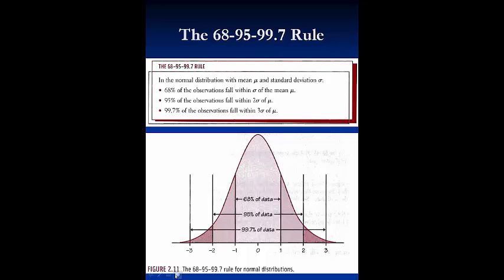So if we have something that is a normal distribution, we know that 68% of the population will fall within that range. If we go out two standard deviations away from the mean, we see that 95% of the population will occur, or 95% of our data will occur between -2 standard deviations and +2 standard deviations.